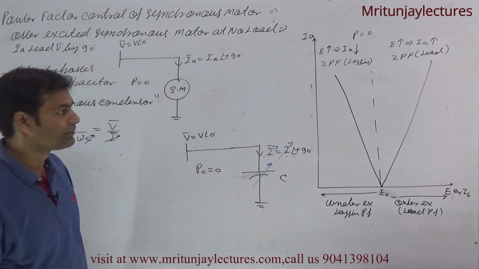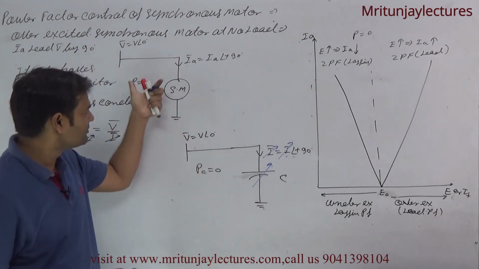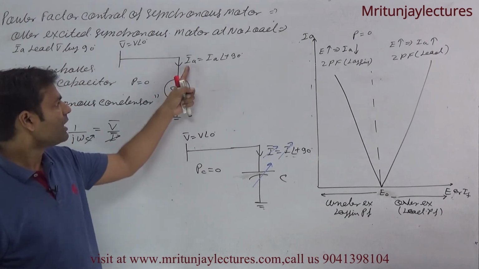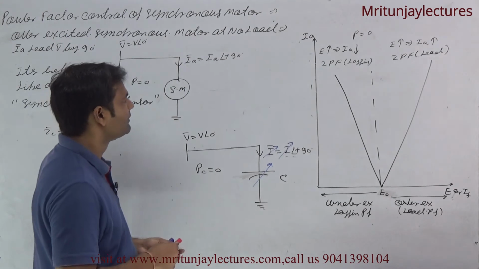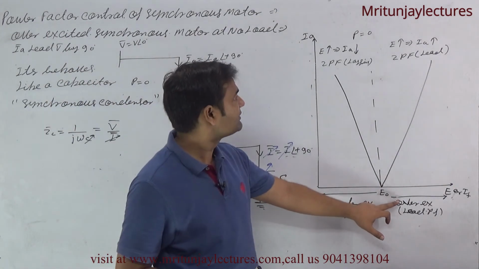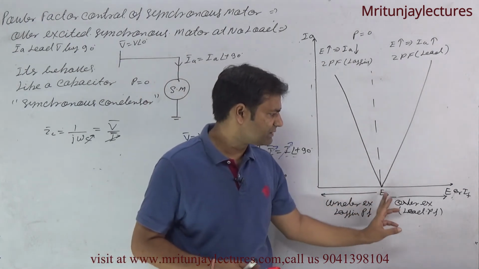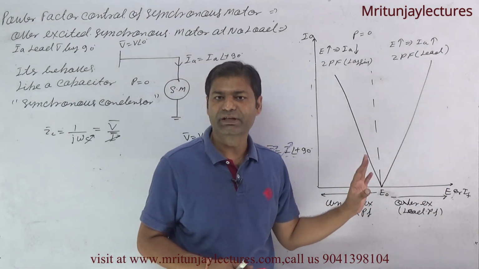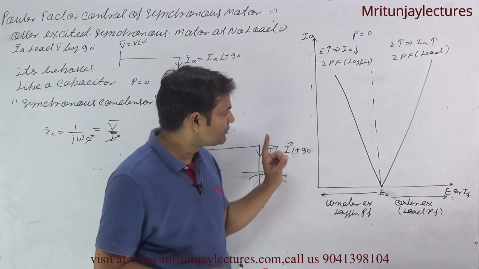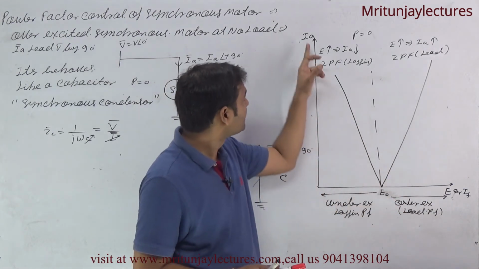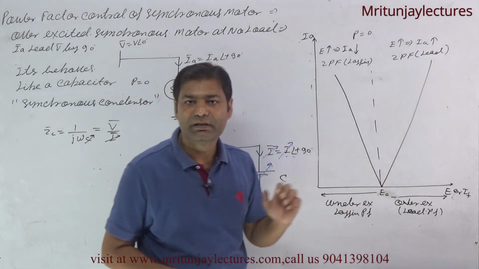But here, we have already said this one also behaves as a capacitor, so this is IA. IA is controlled by field excitation, that is the excitation voltage, or you can say the excitation current, IF. So if the excitation voltage increases or decreases, then what about IA?